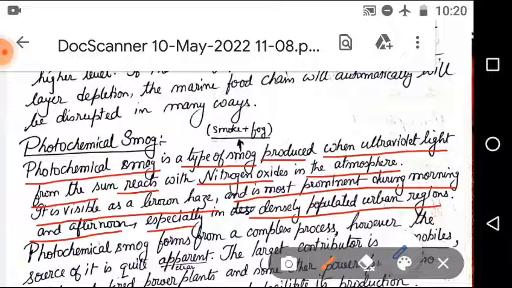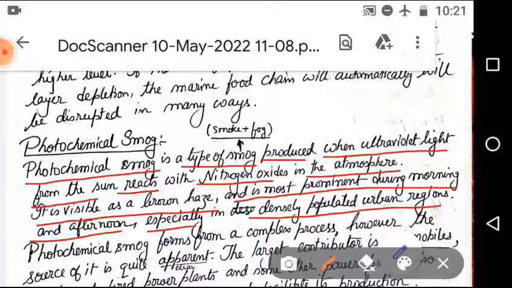They advise that you have to service your automobile, and so on. But still, so many legislations have been made by the government, not only in India but in other countries also. Some strict regulations have been made, but still we are releasing this type of gases.